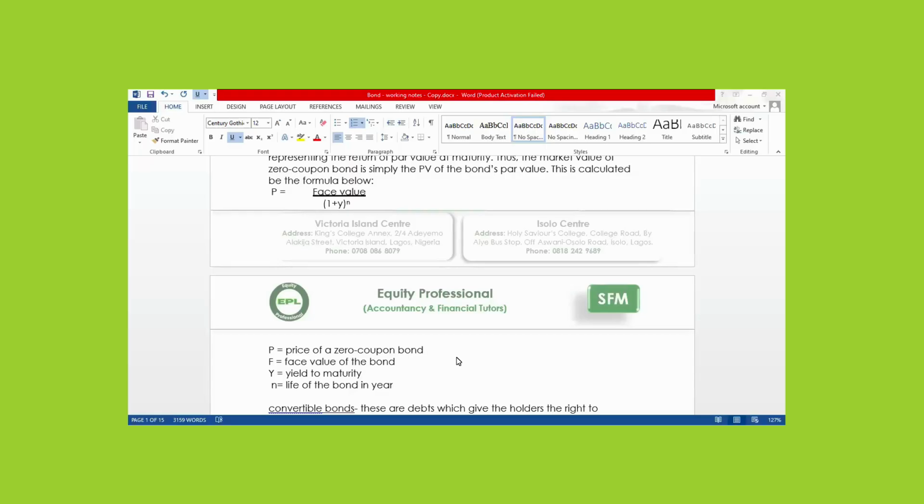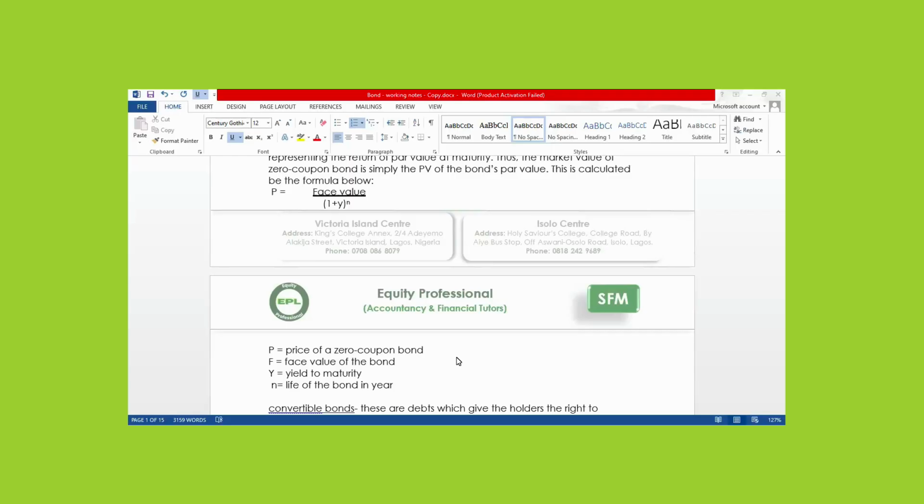So we said price of a zero coupon bond, if you are to calculate it, although it's not very common, just pick the face value, divide it by 1 plus y raised to power n. Your letter P represents price of a zero coupon bond.